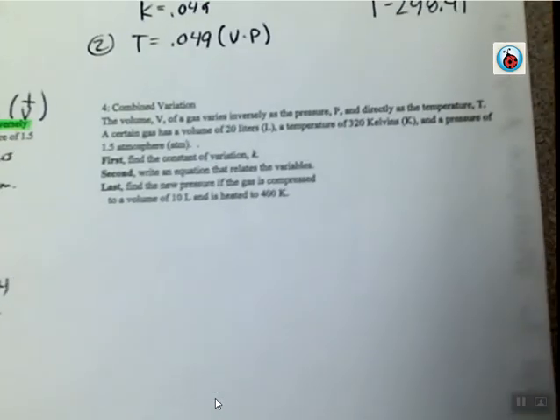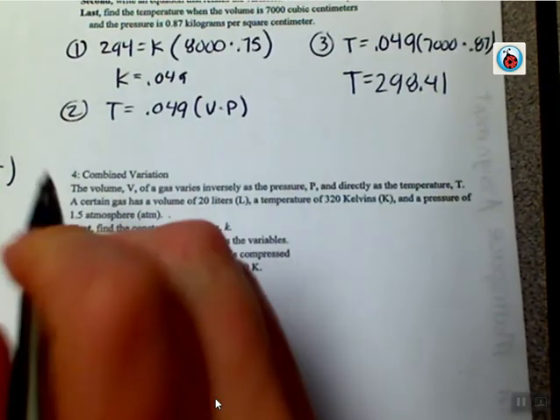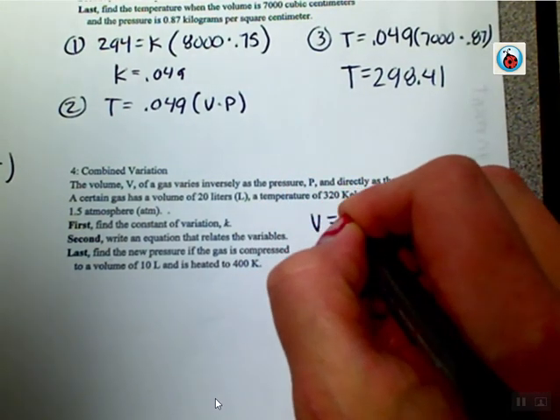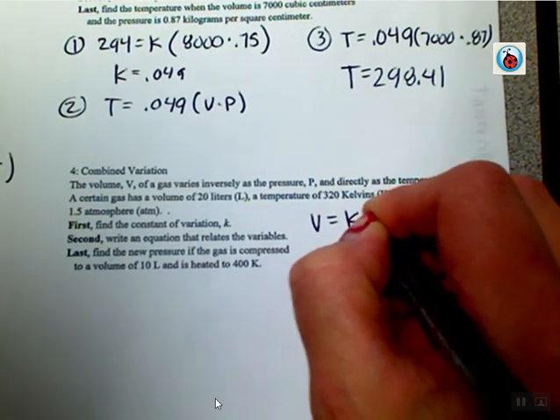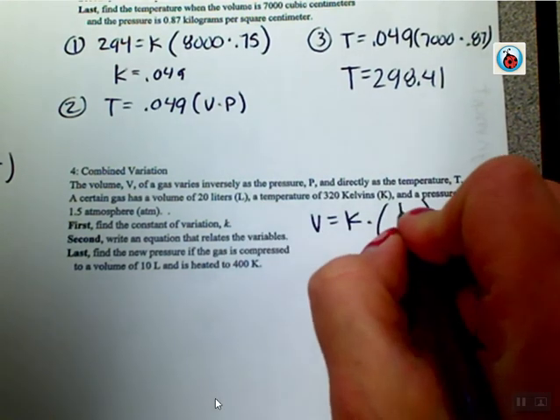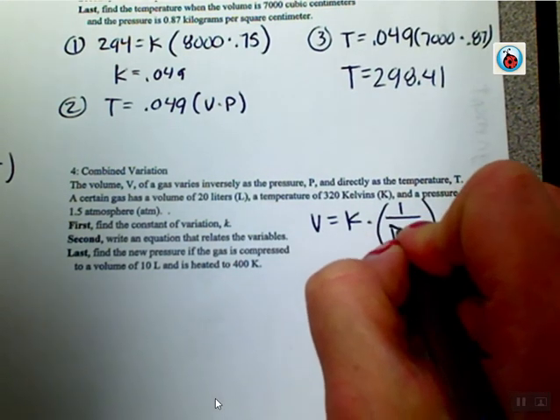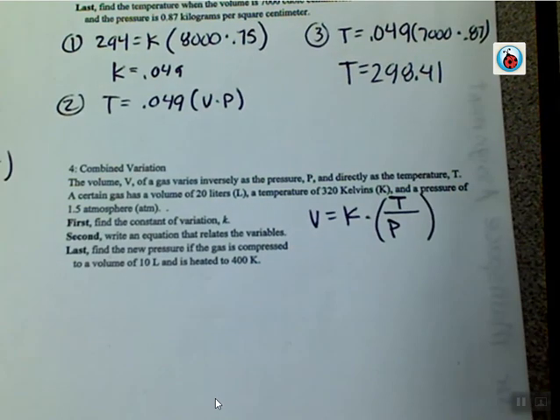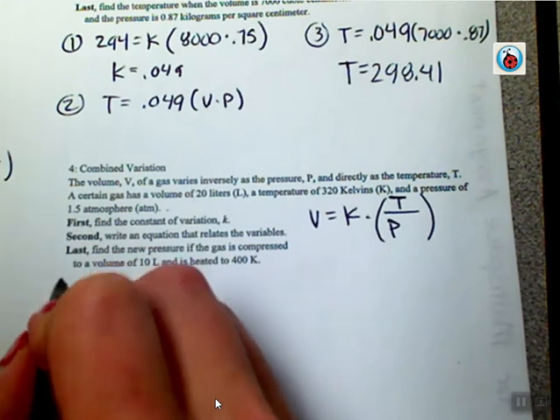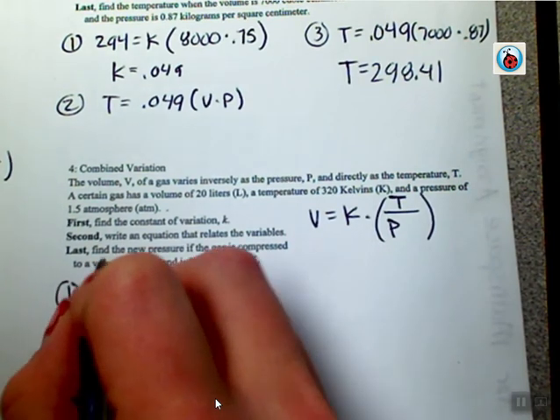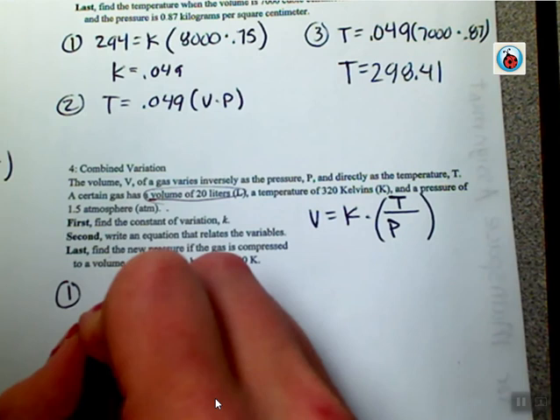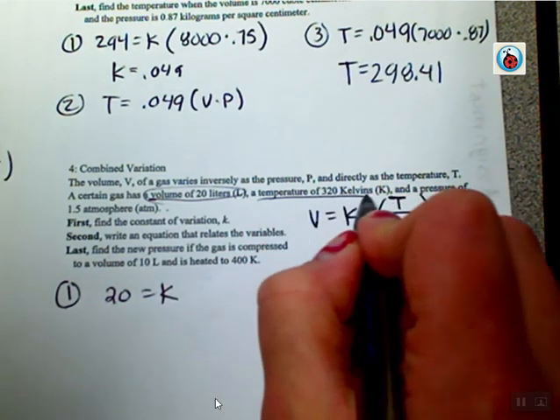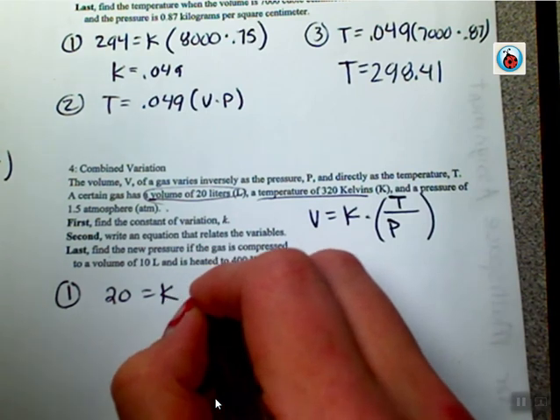Last question. Volume varies inversely with pressure of gas and directly with temperature. Okay? Volume is 20. Temperature is 320.